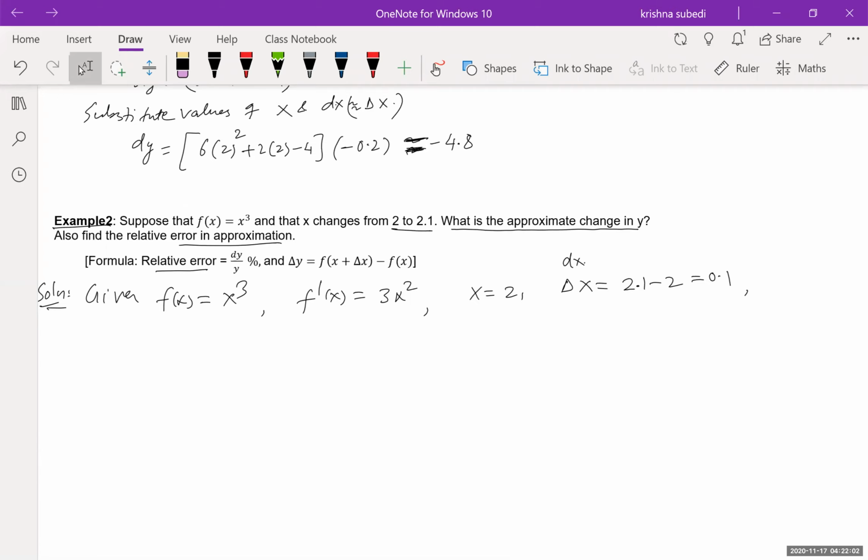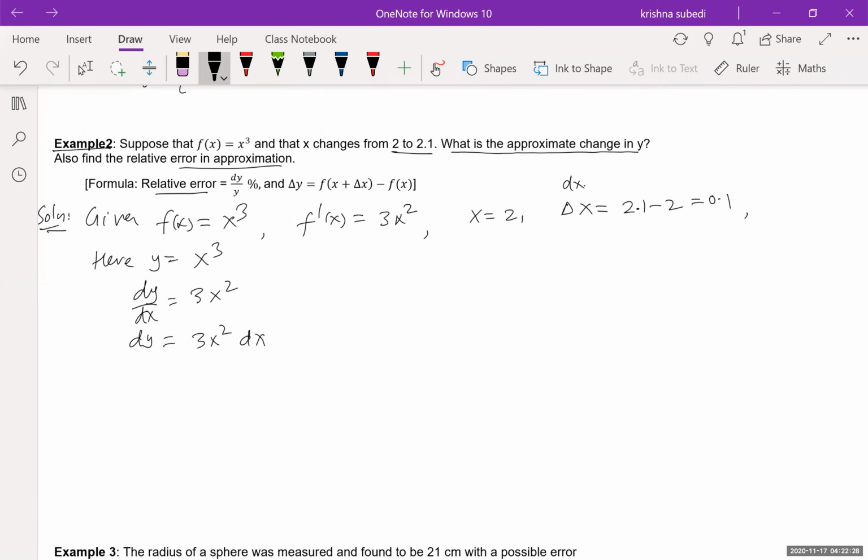Now let us find dy. Here y equals x cubed, that means dy over dx equals 3x squared, and so dy equals 3x squared dx, right? So we got the dy.